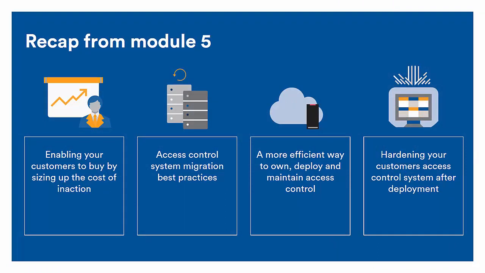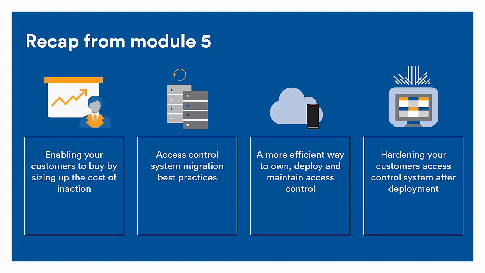And for a brief recap from Module 5, we started off with the notion of enabling your customers to buy from you by sizing up the cost of inaction, showing customers that the pain of same is greater than the pain of change. So for when customers are ready for their migration, we walked through step-by-step recommendations for a successful migration.